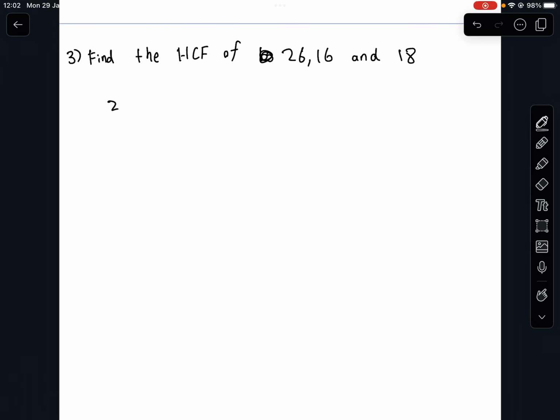Okay, so now let's write these numbers in our diagram. Okay, what's the smallest number that divides into all of them? 2, right? So now we're left with 13, 8, and 9.